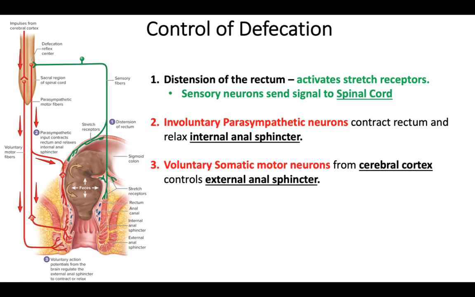If we want it to stay closed, we're going to stimulate this skeletal muscle and keep the anus closed. If we want defecation to proceed, we can relax the external anal sphincter and defecation will proceed. So that is the nervous system control of defecation.